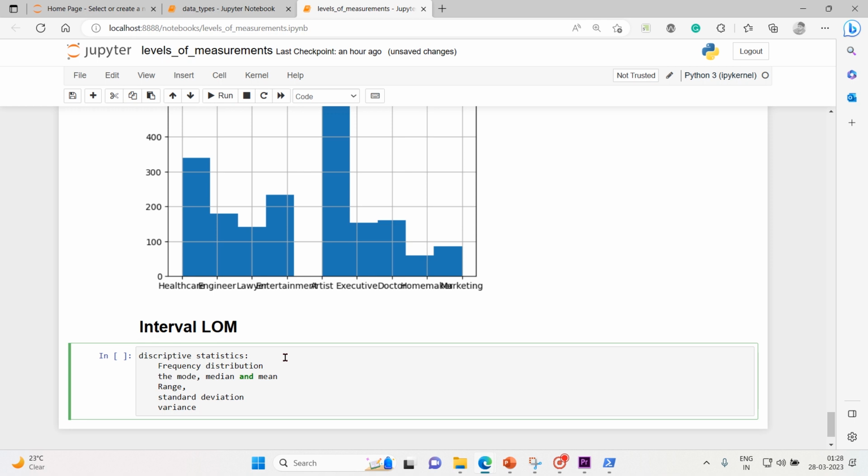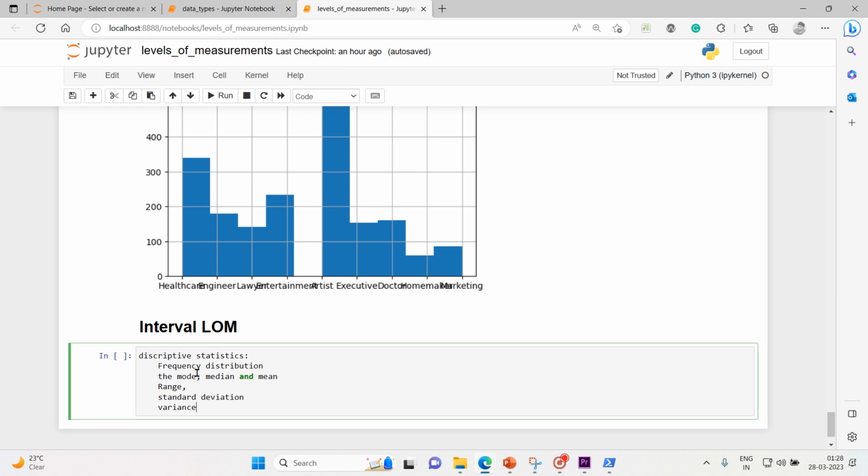As we saw previously with nominal and ordinal data, frequency distribution presents a summary of the data in a table, allowing you to see how frequently each value occurs. That's what the frequency distribution is: nothing but the table or the histogram that allows you to see how frequently each value occurs, either as a count or as a percentage.